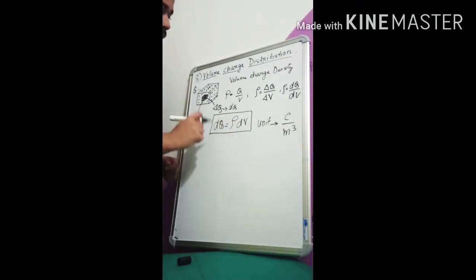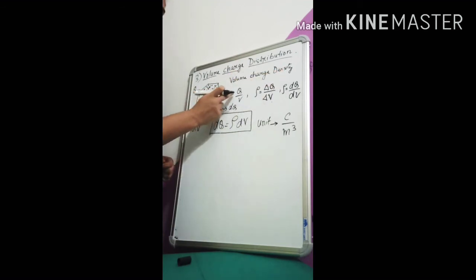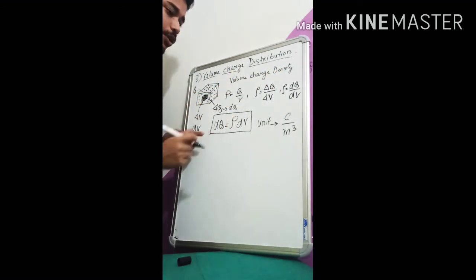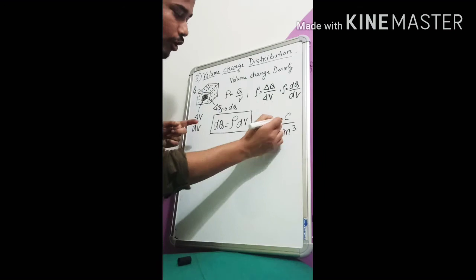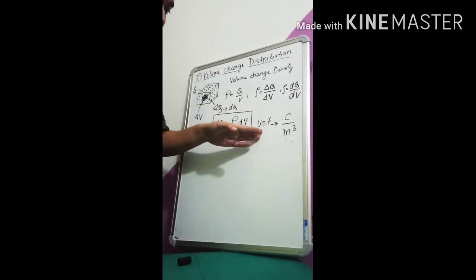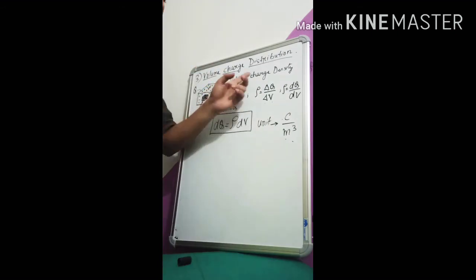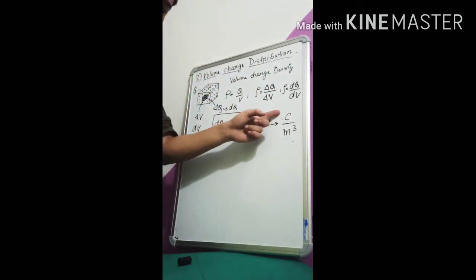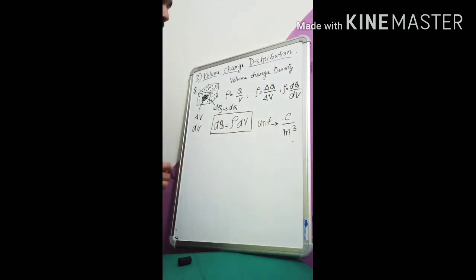And what will be the unit of volume charge density? That will be Q divided by volume. For charge we have coulomb, and for volume we have meter cube. So the final unit of volume charge density is coulomb per meter cube. So these are the three charge distributions that we can study.